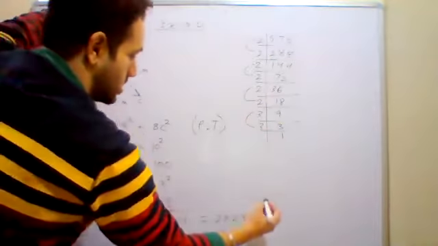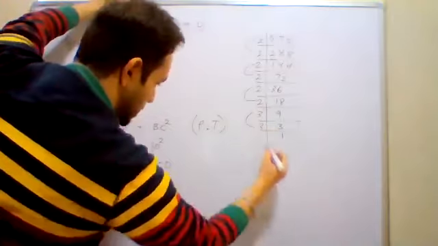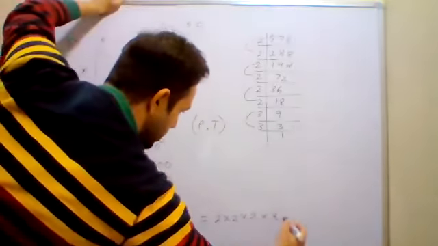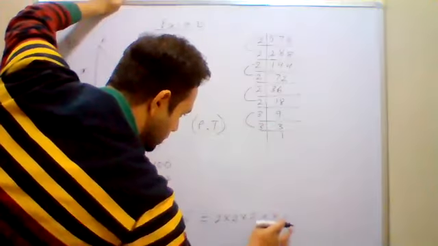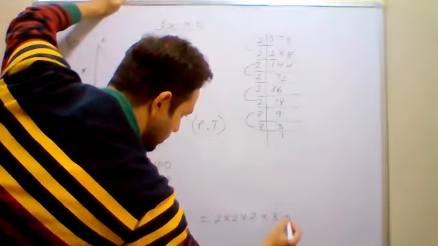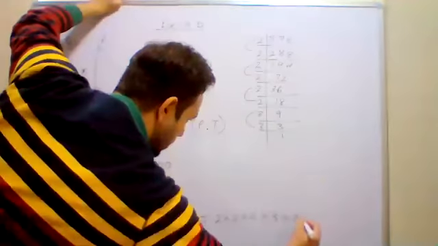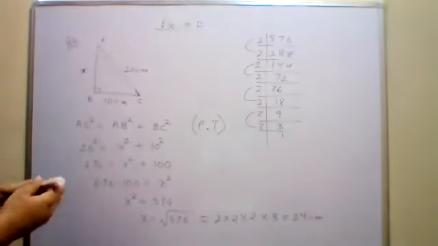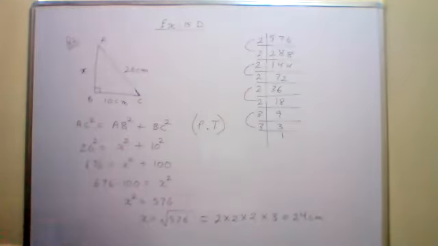Then 3 into 3 means one pair of 3 is there, so you will write 3 only one time. So 2 into 2 into 2 into 3 is equal to 24 centimeters. The answer is 24 centimeters. Clear, all of you? Note it down in your copies.